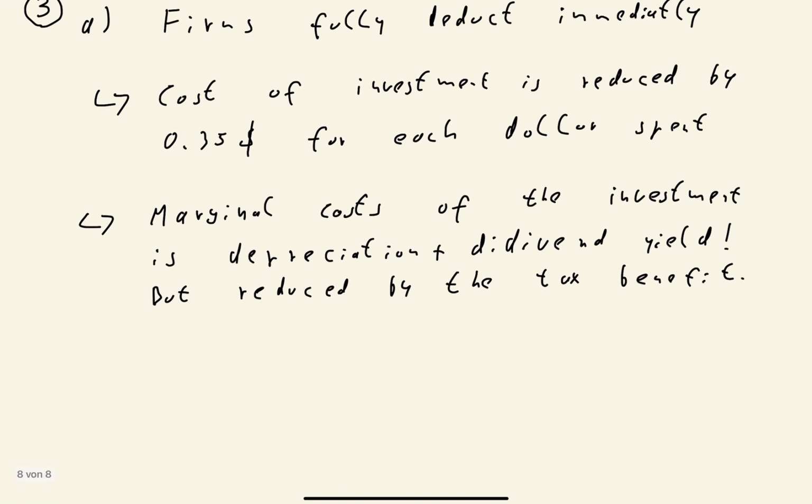So it means that the marginal cost for each dollar of investment is then the depreciation rate, which is 0.12, plus the dividend rate, which is 0.06. And this we multiply with the dollar that we invest minus the taxes that we can deduct, which is 0.35.